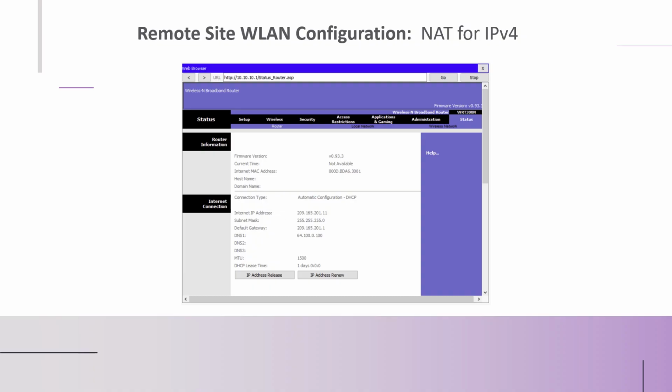Any address with a 10 in the first octet is a private address and it cannot be routed to the internet. Therefore, the router will use a process called network address translation to convert these private IPv4 addresses to internet-routable IPv4 addresses.